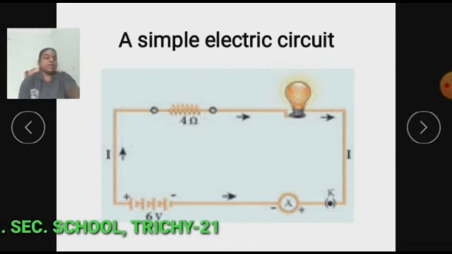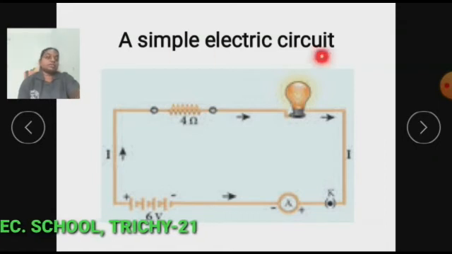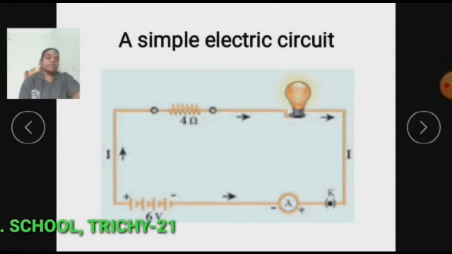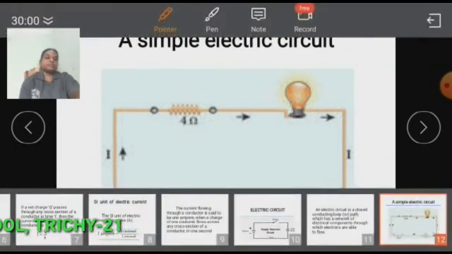This is a schematic diagram of a simple electric circuit comprising a battery, electric bulb, switch, ammeter and resistor.